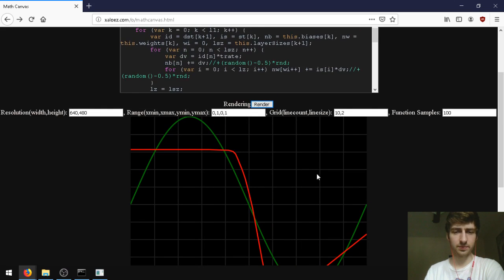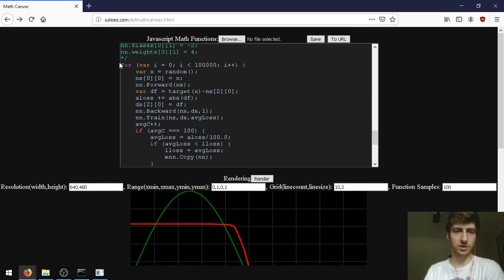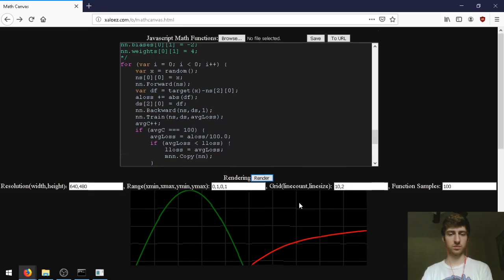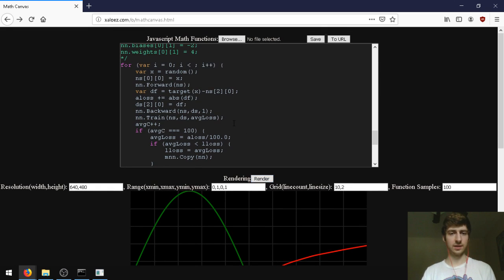All right, one second. Let me see. What does this neural net look like when it doesn't have any training? Okay, that looks all right. It's adding up to 1.